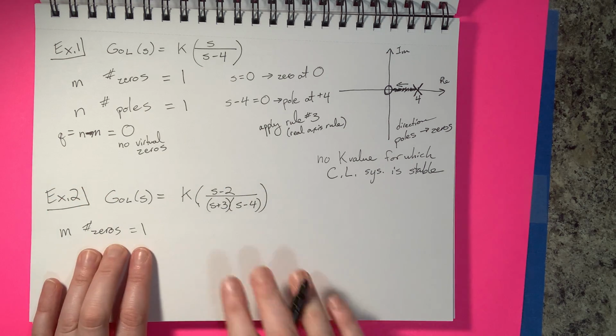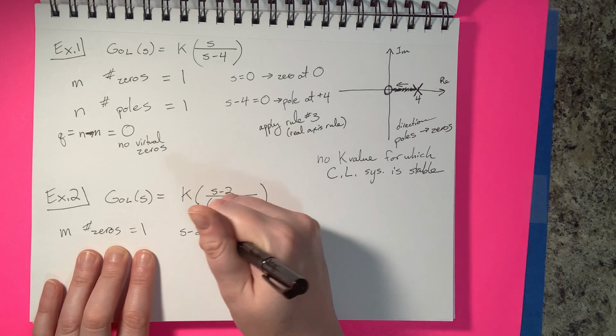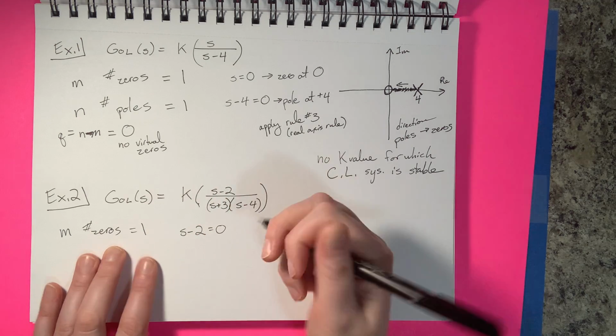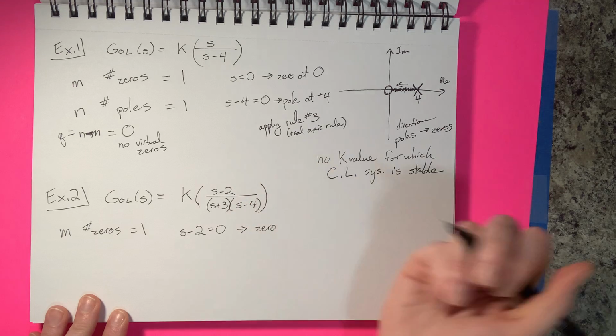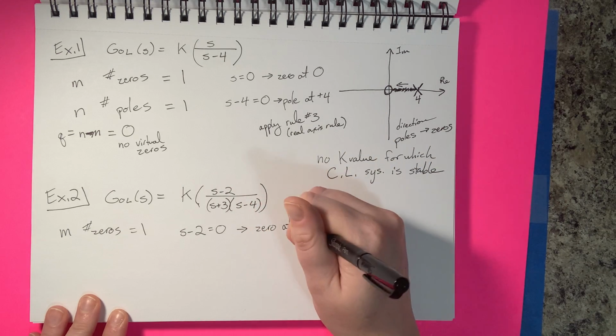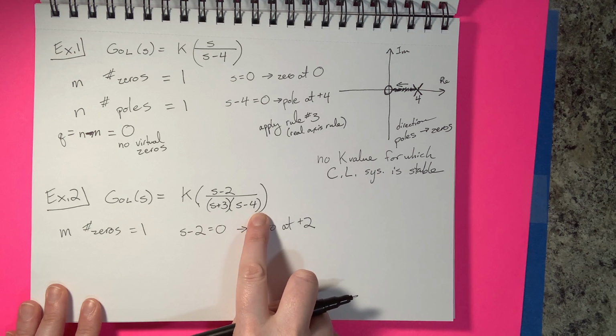Okay, if we were to just go ahead and see where that is at, we would solve s minus 2 equals 0. We just set it equal to 0, and then we have that the single zero is at positive 2.